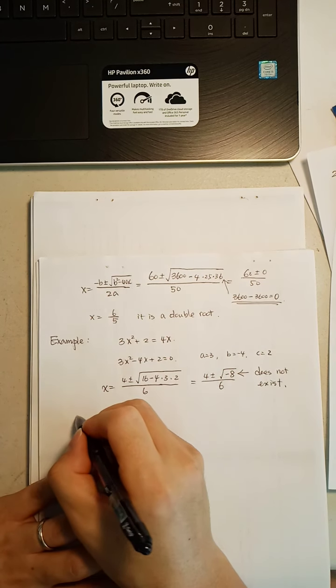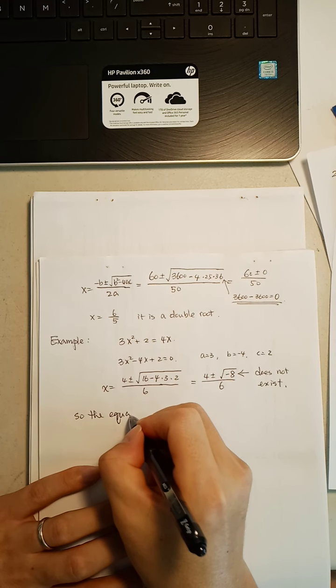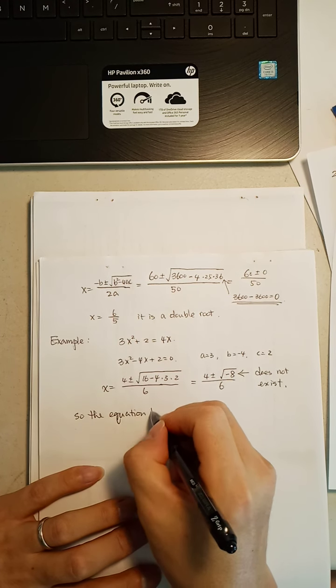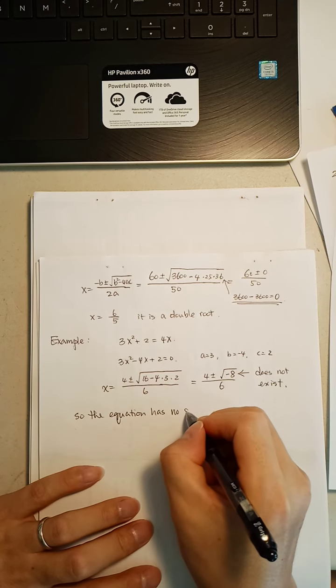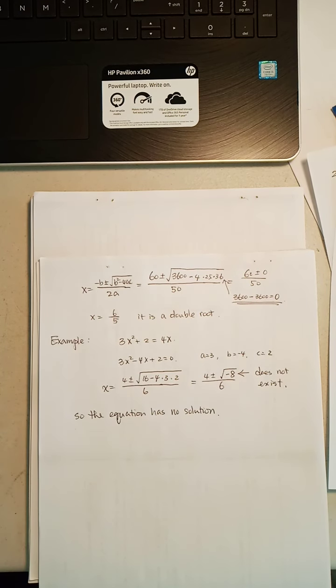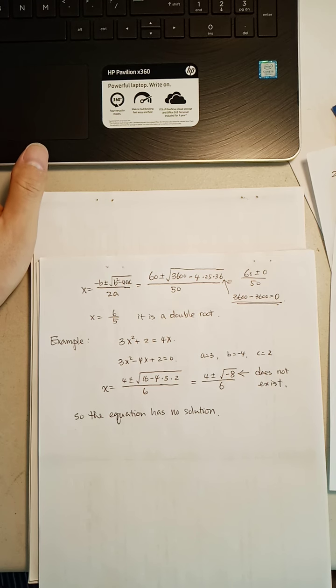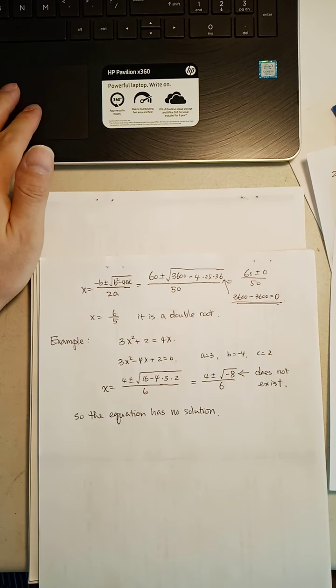So the equation has no solution. The equation has no solution. And this is exactly the case when the discriminant is negative. Positive, two different solutions. Zero, double solution. Less than 0, no solution.